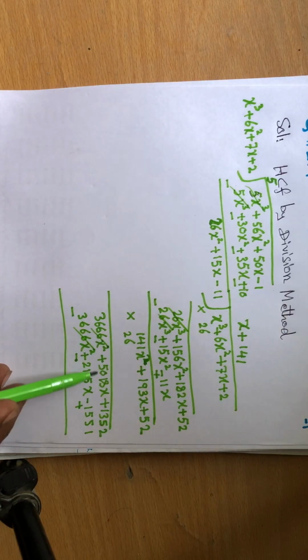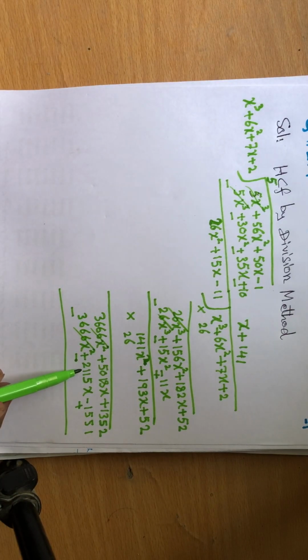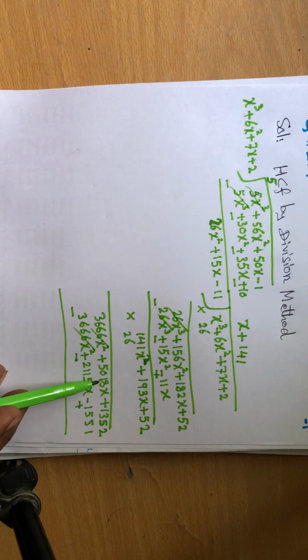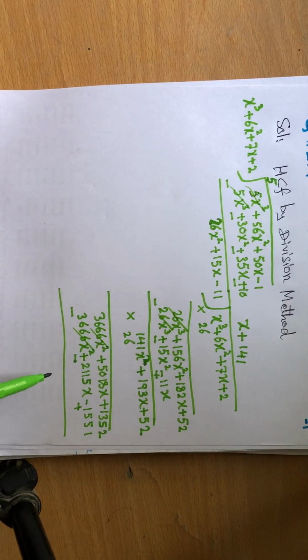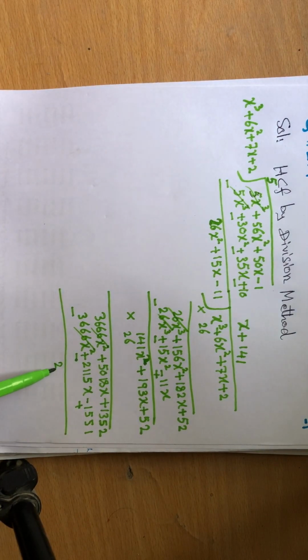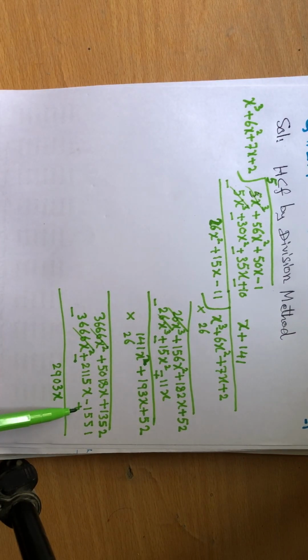Now 5018 minus 2115, what is left? 2903x comes. And last, plus 1352 plus 1551 comes 2903 also.